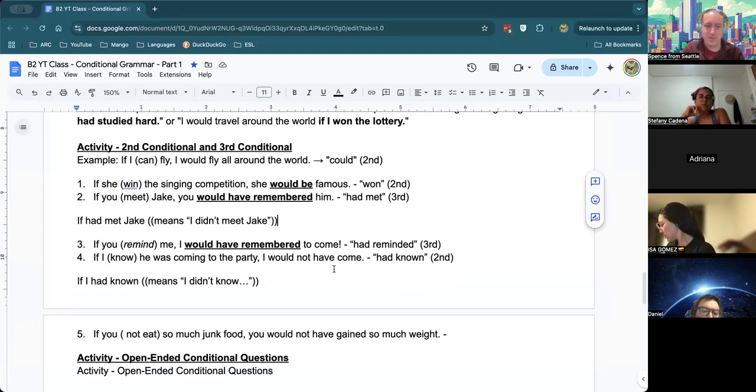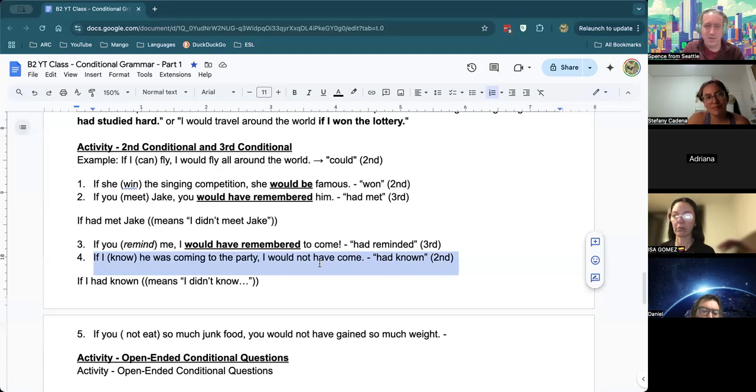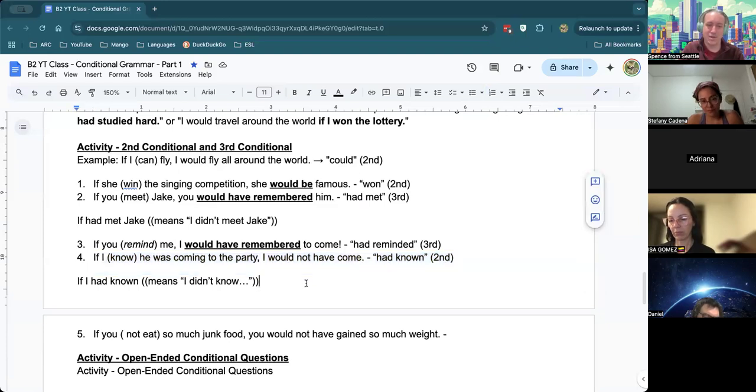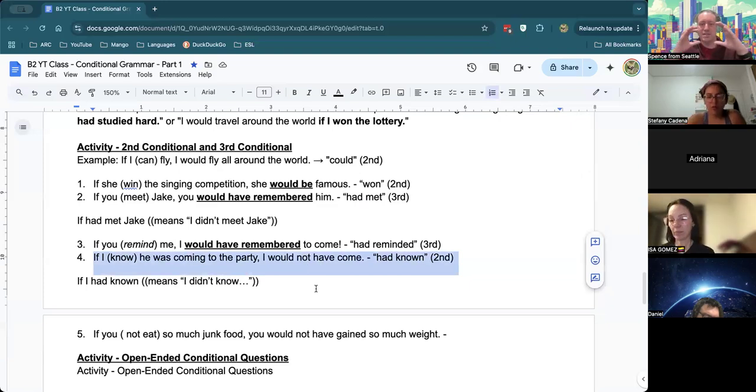So do you think that this person went to the party? This person went to the party and he was surprised when he saw that person. Exactly. So the sentence is giving us a lot of information in a condensed way.